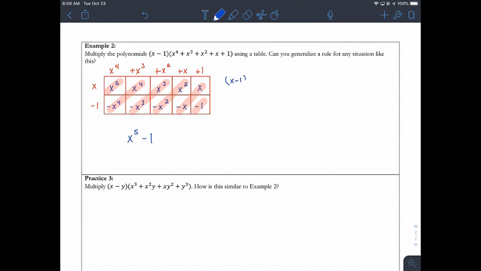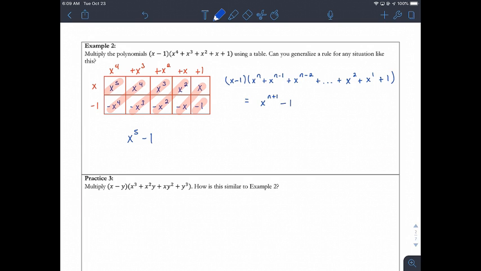So x minus 1 multiplied by x to the n plus x to the n minus 1, because if this is 6, then this would be 5, correct, for our exponents, plus x to the n minus 2, and we could continue doing that until we get all the way to x squared plus x to the first power plus 1. So we can take that all the way down to 1. This will always equal x to the n plus 1 minus 1.